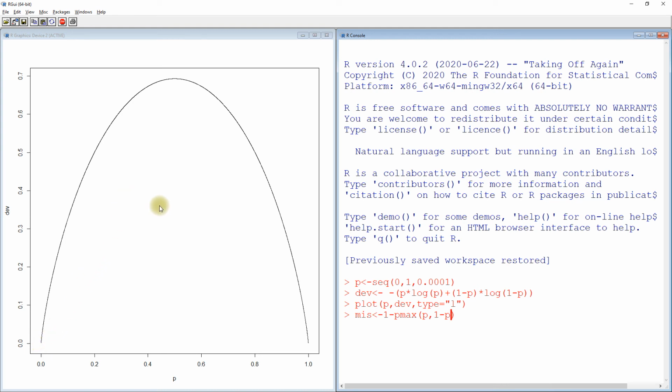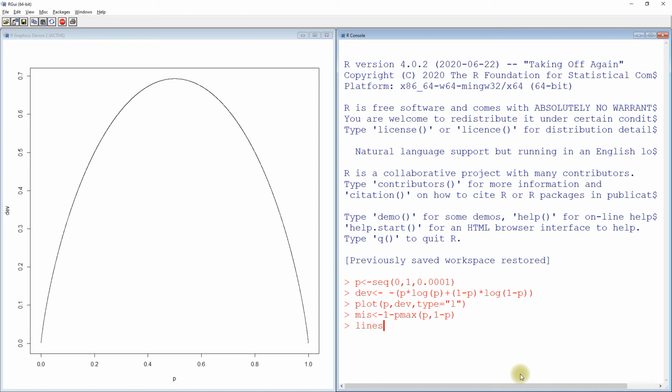So this is what is happening here. You will see when the value is 0.1, 1 minus p would be 0.9. So the maximum would be 0.9. So it would be 1 minus 0.9, which is going to be 0.1. So when it is 0.1, it's going to be obviously 0.1 again, and it's going to go like this. So that's what we expect to have.